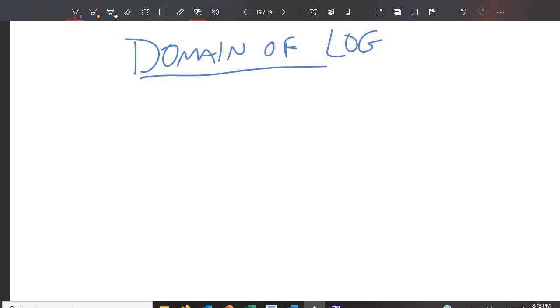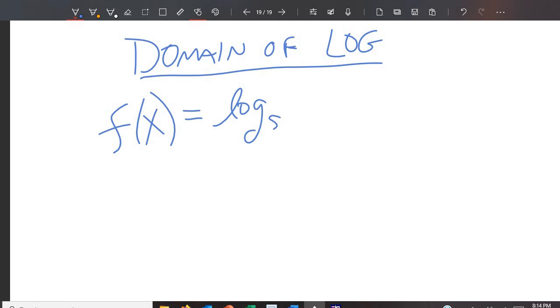While I'm here, I want to talk about the domain of a logarithm. We learned how to find our domains doing fractions and doing roots and things like that. We want to find the domain of a logarithm by doing the same thing as we did for square roots, with one exception. It doesn't matter what the base is.